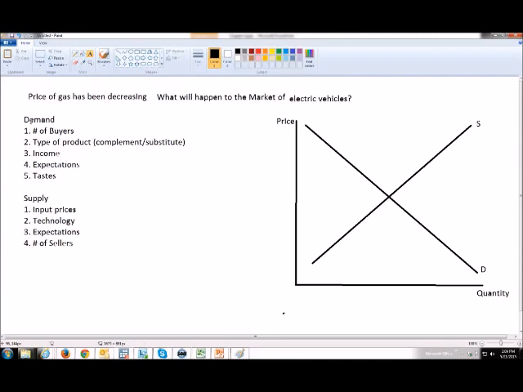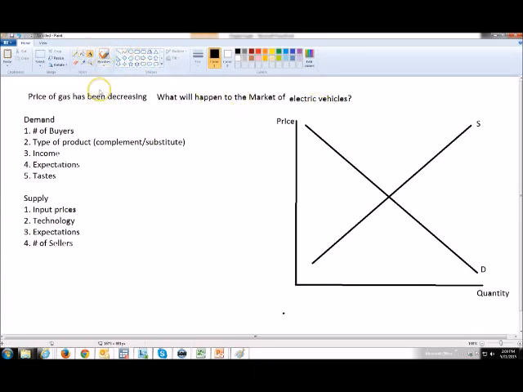So if the price of gas is falling, I may want to buy a regular car and not an electric vehicle. So in this case, we can consider gas and electric vehicles to be substitutes. If we list all these things and go through them, you will see that, okay, well, gas is a substitute of electric vehicles.